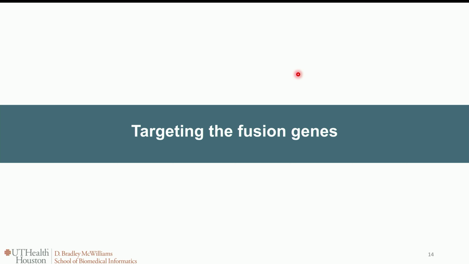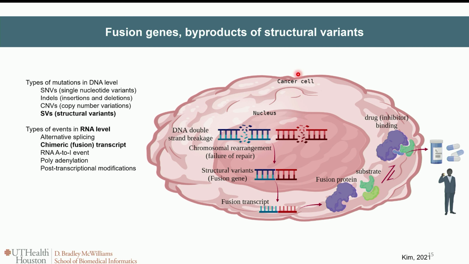From now on, I want to share my experience of how to target fusion genes. This was my topic since my PhD course. This slide shows the concept of the fusion gene. I can say that a fusion gene is a kind of byproduct of structural variants.